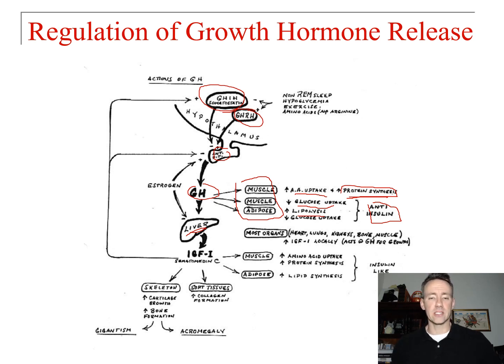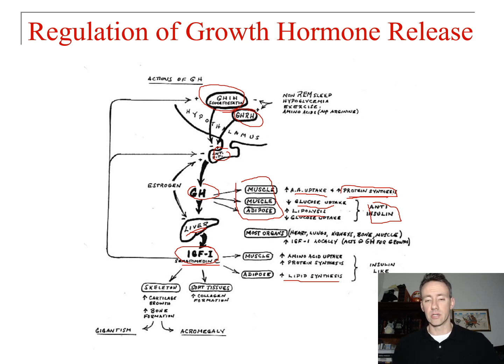When growth hormone acts on the liver, it's going to produce this intermediate, IGF. Another name for IGF is somatomedin C, which you can see written underneath there. IGF will also work on skeletal muscle and adipose tissue. Over here, it's just written that it has the same effect on skeletal muscle. But on adipose tissue, it's written that it increases lipid synthesis, and that can happen in some of the adipose tissue.